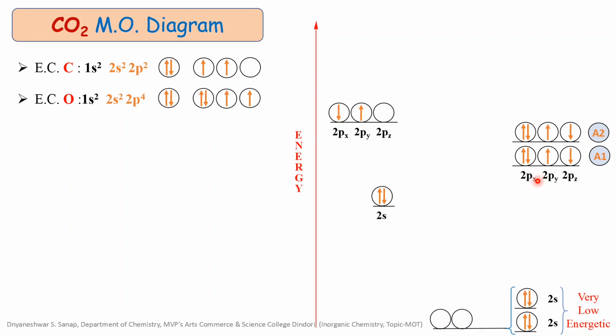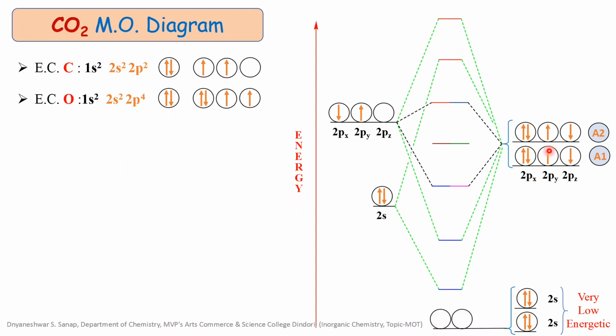But the 2px, 2py and 2pz atomic orbitals of oxygen atom first and oxygen atom second, that is atom 1 and atom 2, combine with the atomic orbitals of carbon, that is 2s and 2p, and this results in the formation of molecular orbitals in increasing order of energy like this.